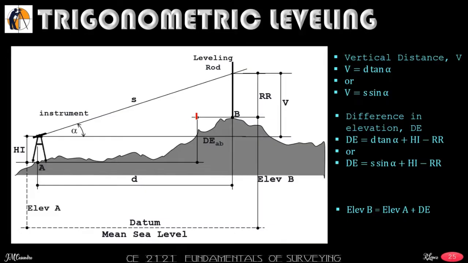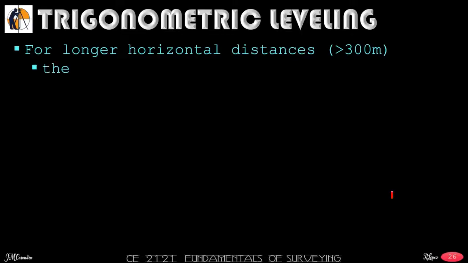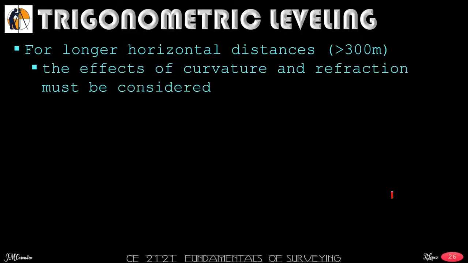So this is applied if we know the elevation of A. This method is simply applied if our lengths are measured up to 300 meters. If our measurements exceed 300 meters, we are now going to apply the effects of curvature and refraction.